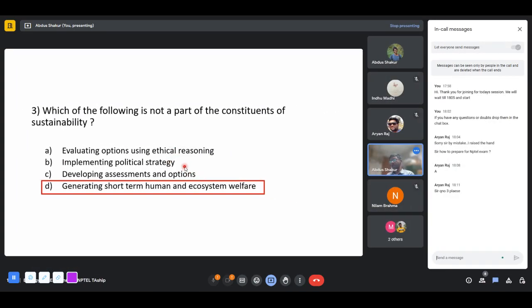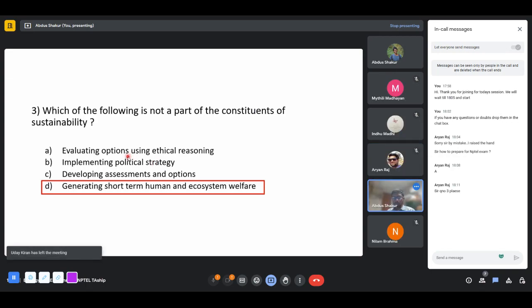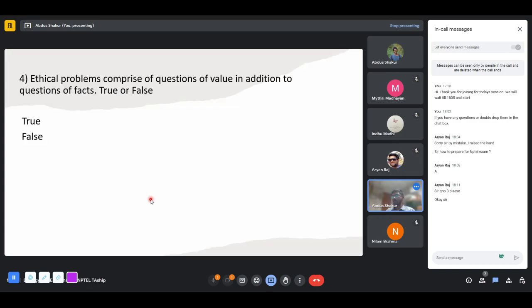You also have multiple strategies, political strategies, to implement some of those goals, and you have ethical reasoning to identify which goals we need to accomplish. Okay. So ethical problems comprise of questions of value in addition to questions of facts. That's true.